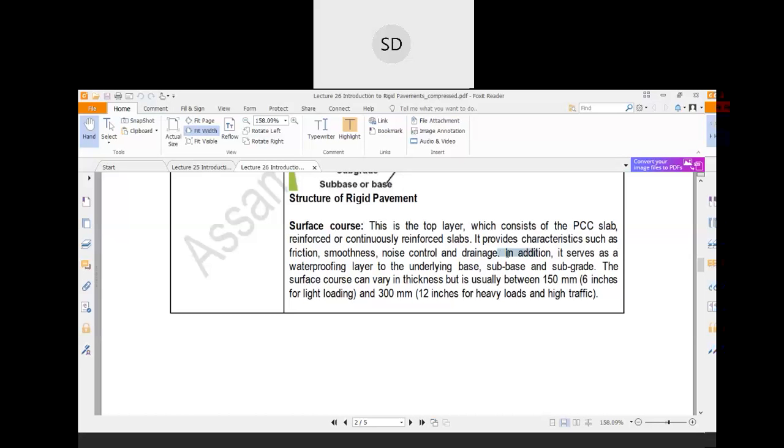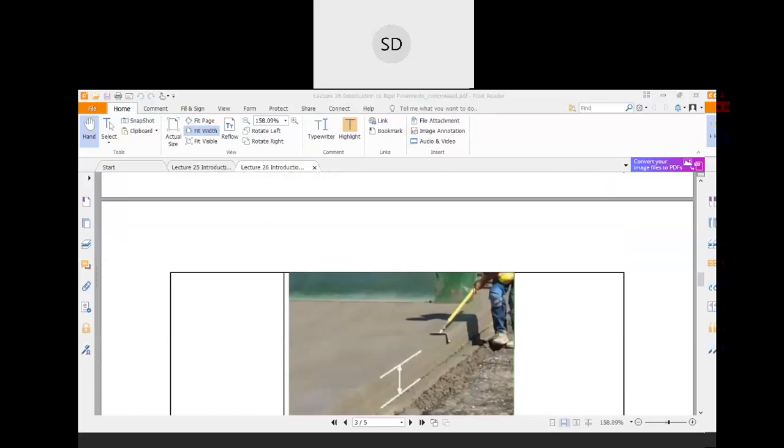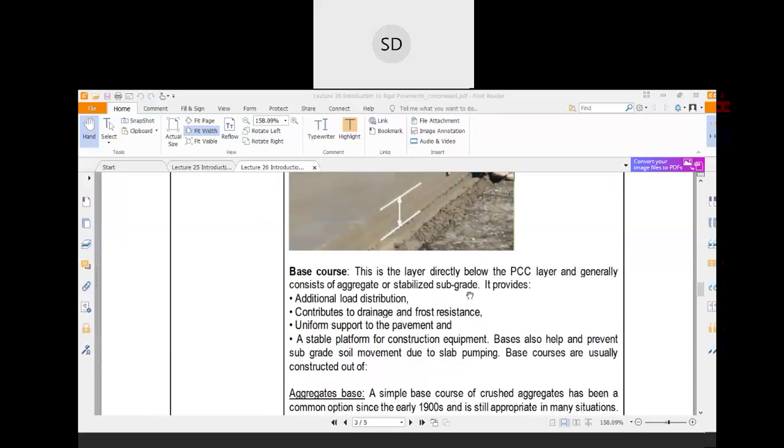In addition, it serves as a waterproofing layer so as to reduce or nullify any penetration of water into the bottom layer. Now this surface course can vary in thickness, but it is usually between 150 millimeter to 300 millimeter according to the traffic condition existing there.